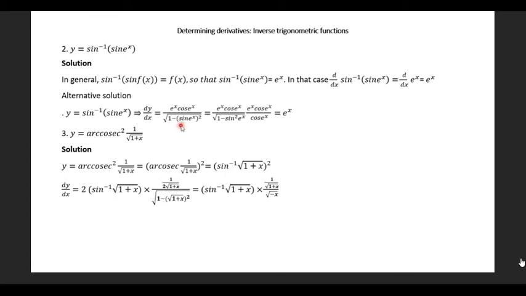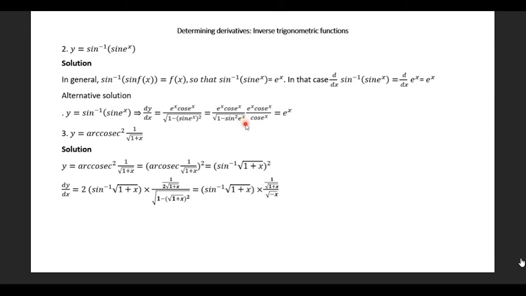The derivative of sine is cos. It will be cos of the same angle multiplied by the derivative of the angle, which is e to the exponent x. And then this will be the same as having e to the exponent x cos of e to the exponent x, and in the denominator we shall be having 1 minus sine squared e to the exponent x.